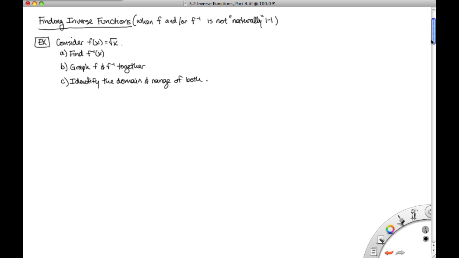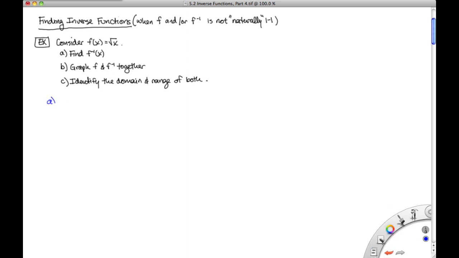It's a simple example, but we can work through three important steps: finding f inverse, graphing the two together, and then identifying the domain and the range of both. So really putting together all of these skills we've assembled over the course of this series of videos.